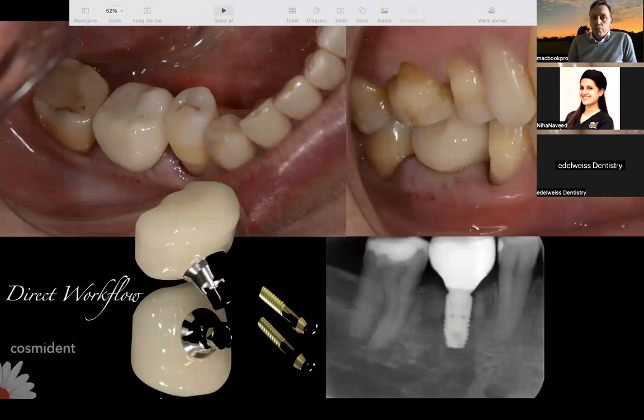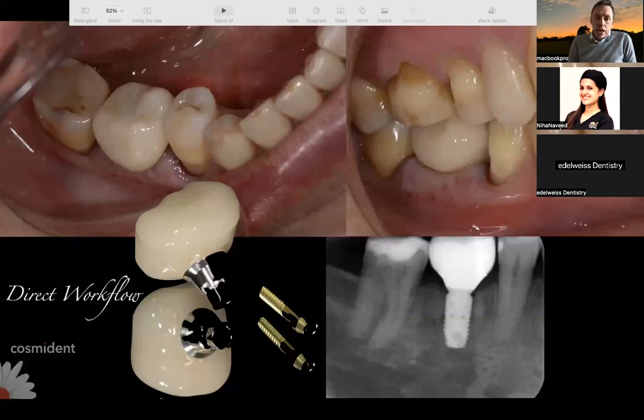The reason to choose this block is the problem that I see every day, especially with internal connection implants, which we use a lot nowadays. If you put a tie base or a custom-made abutment with a full zirconium crown on top, the zirconium is too hard. If you have a patient with abrasion and erosion, they will grind on the zirconium.